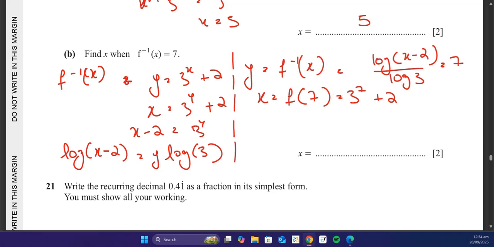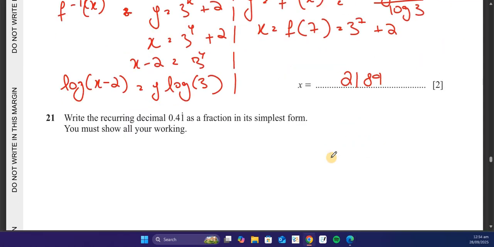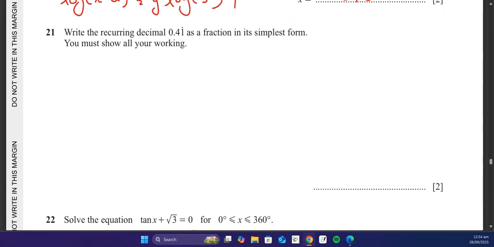So that should give us 2189. All right, perfect.